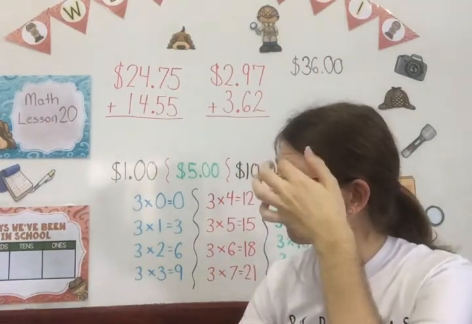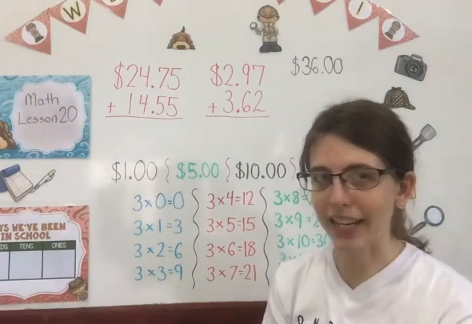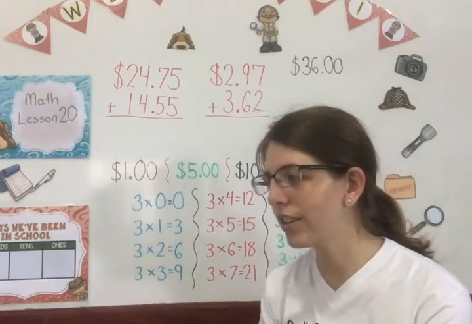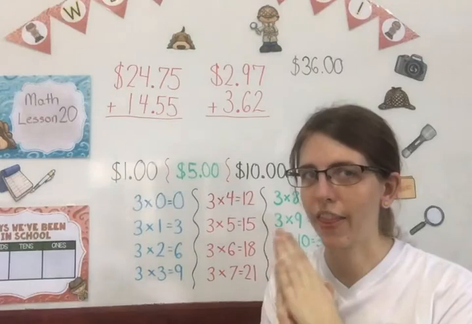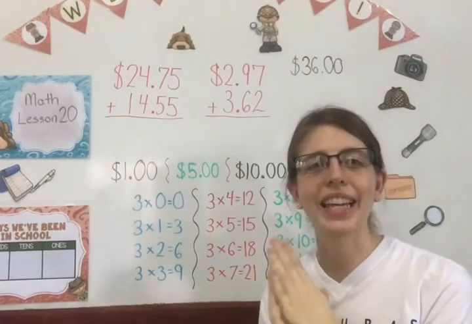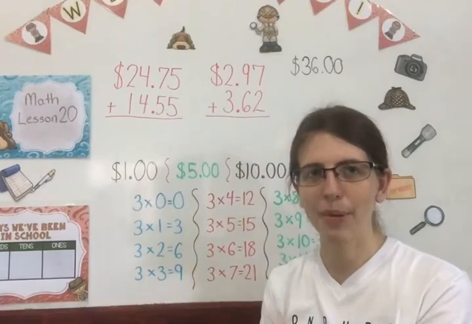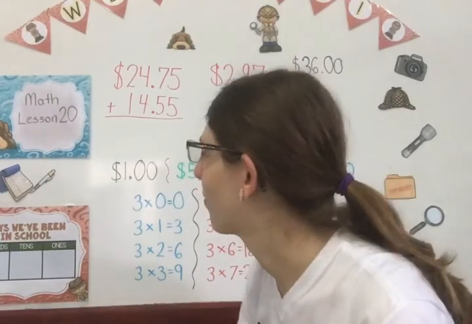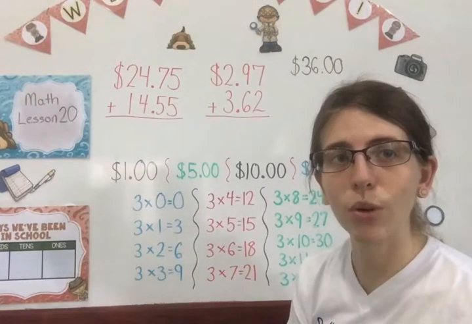Okay, if I want to add money or subtract money, either one, I have to make sure that I do one big thing, that I keep my decimal point in one line. I line it up. Let me show you what I mean. $24.75 plus $14.55.